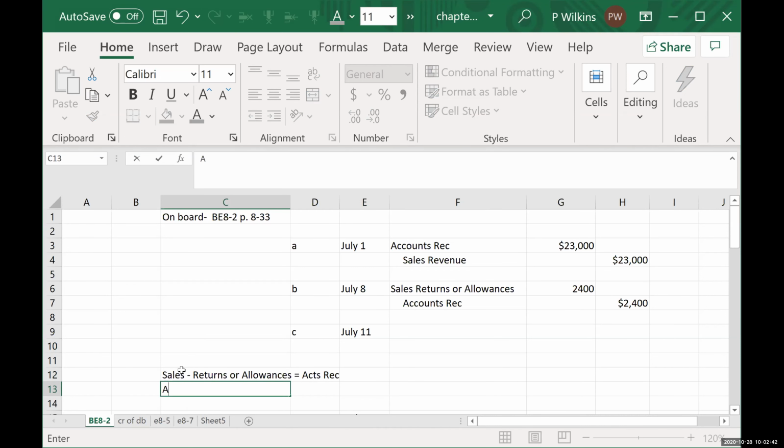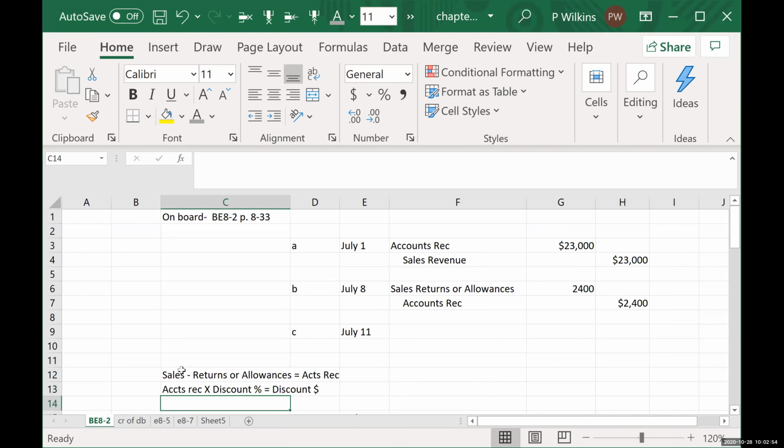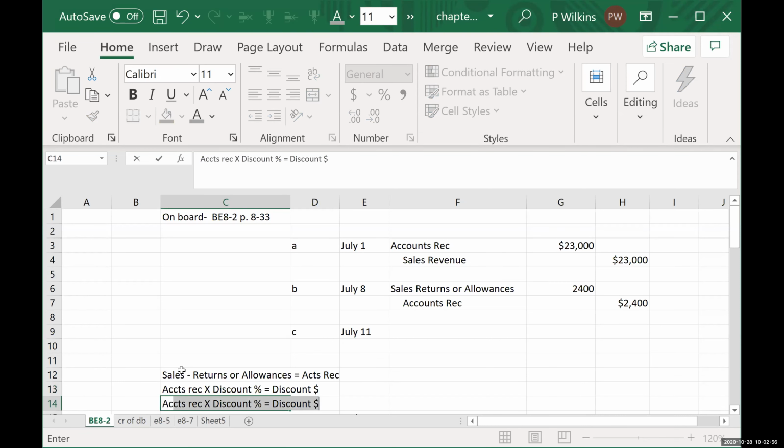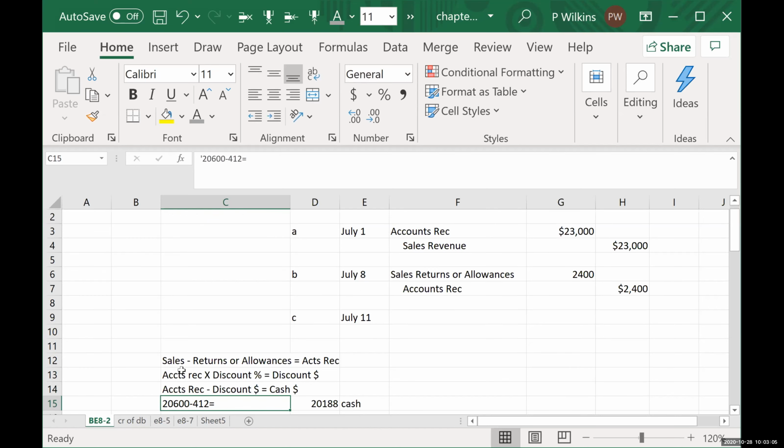Then the accounts receivable number times the discount percent is going to give you the discounted dollar amount. And then the accounts receivable number minus the discount dollar amount is going to give you the cash amount, okay?